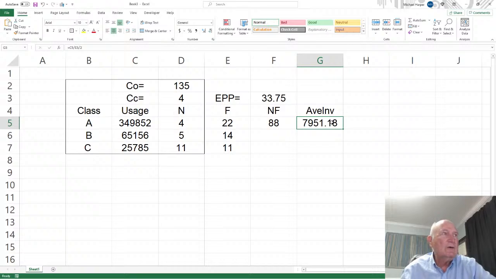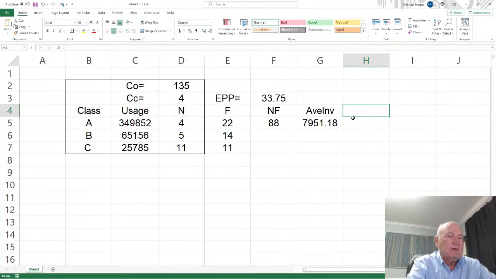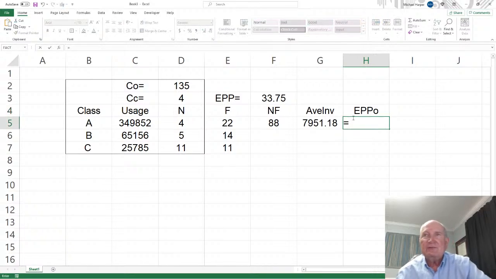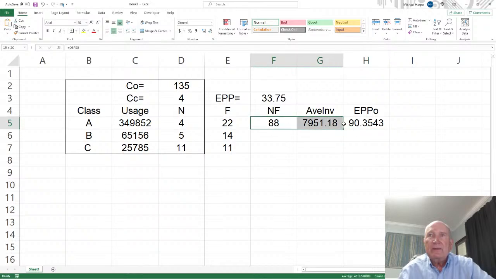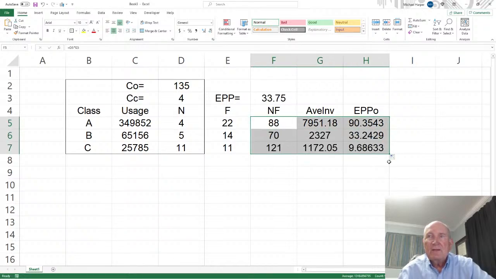And then over here, our EPP is this, but this would be the observed EPP, which will be the average inventory divided by the number of orders. Then we copy that down, and that's going to be the table.